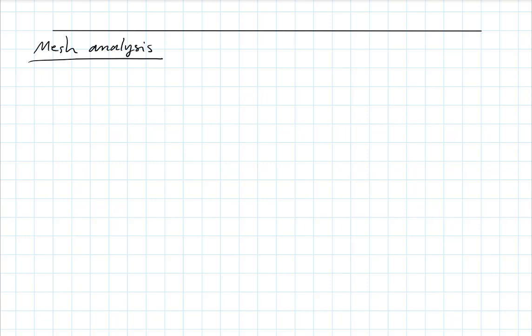I'd like to start by describing the concept of mesh current again, doing a review of that. And here's how to think about it. Remember that ultimately the laws of circuits are KVL and KCL. And so they have to do with element voltage and currents.